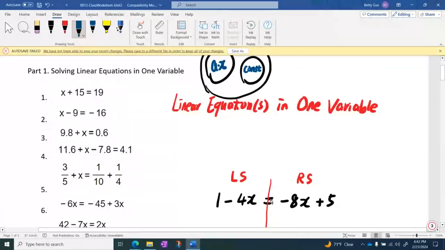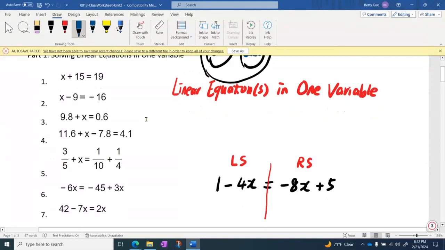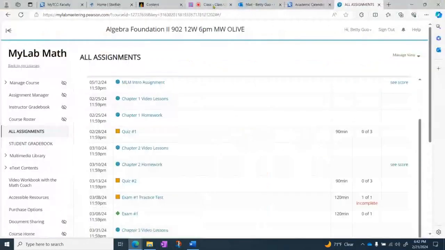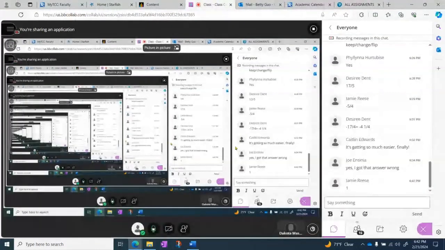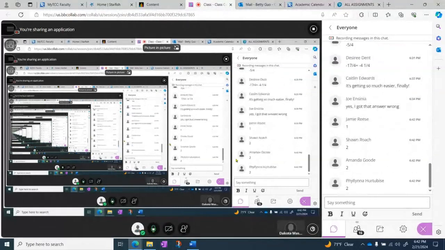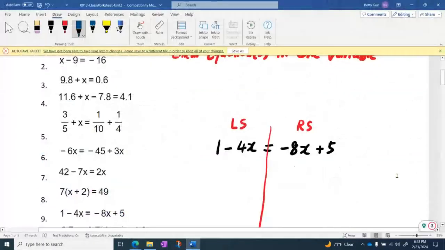In this equation, how many terms are on the left side of the equation? Yeah, 2. 2, right?